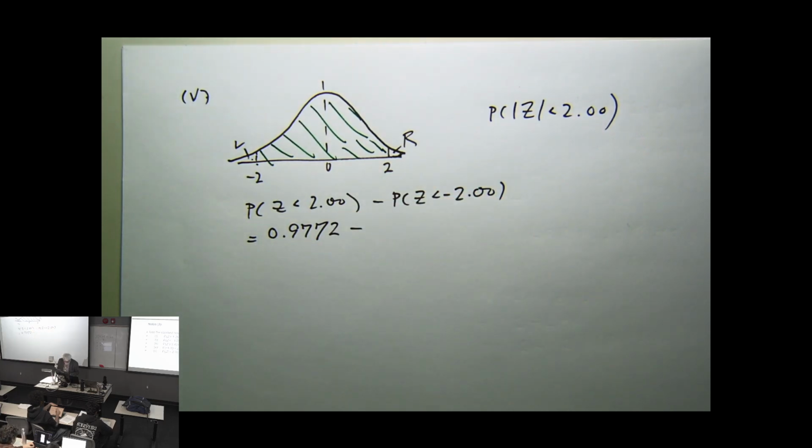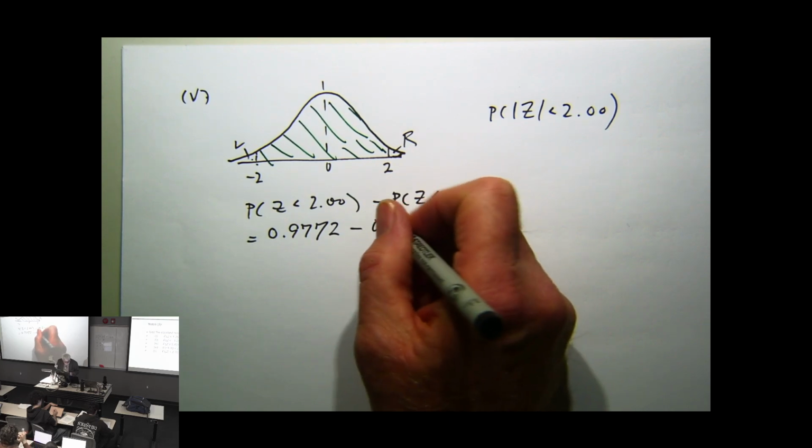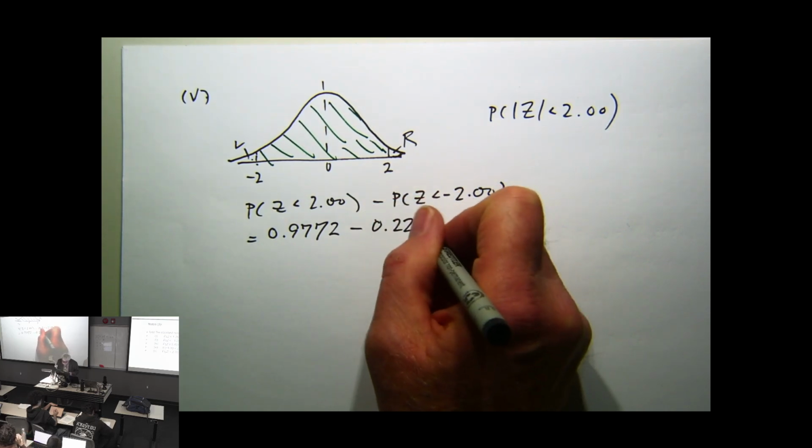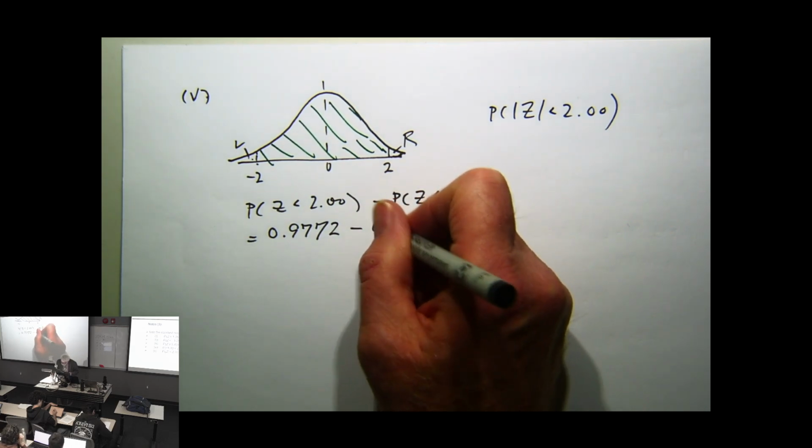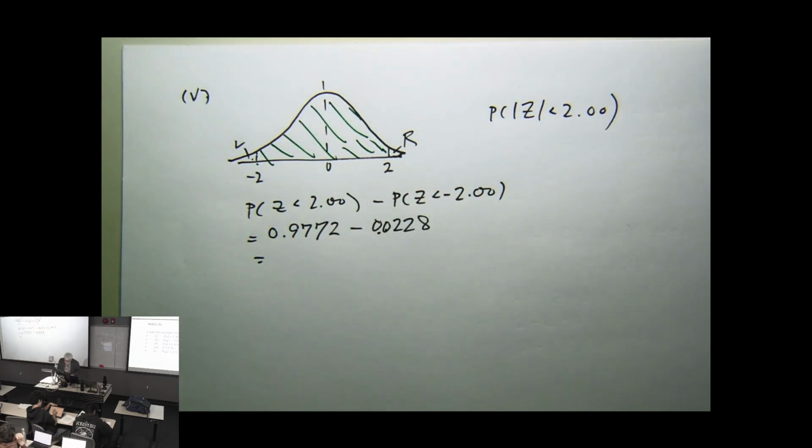So 0.9772 minus 0.0228. I need my trusty calculator there, but I actually know what that number is because it's kind of a famous number.